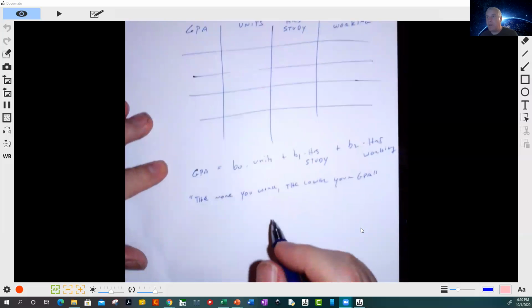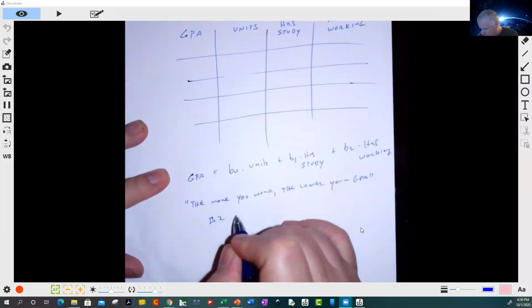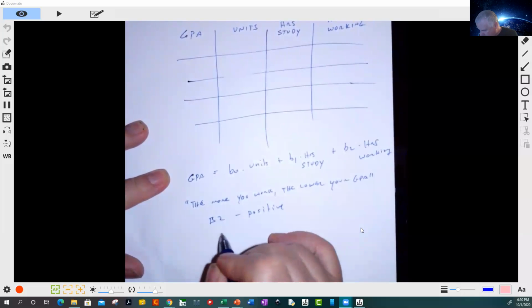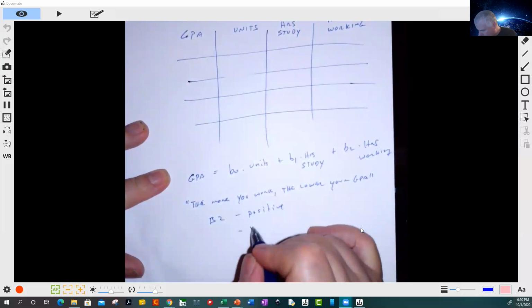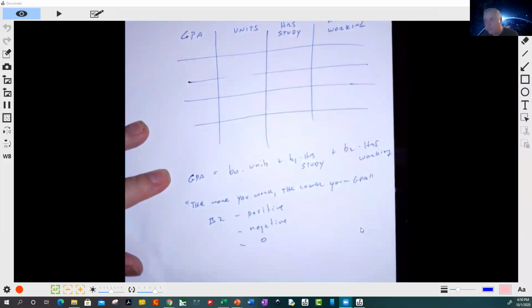So given this, would B2 be positive or negative or zero?